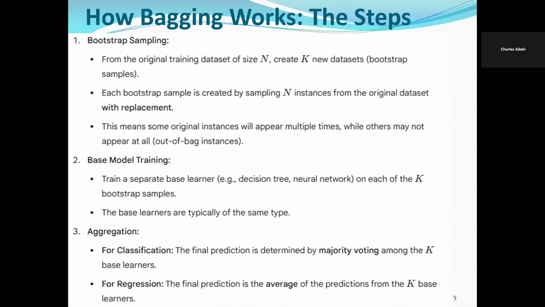They are often strong learners, in the sense that they can fit the training data well, but might suffer from high variance. A high variance example would be unpruned decision trees. And also each model must be trained independently.